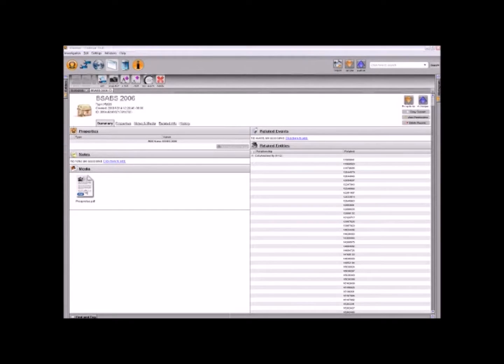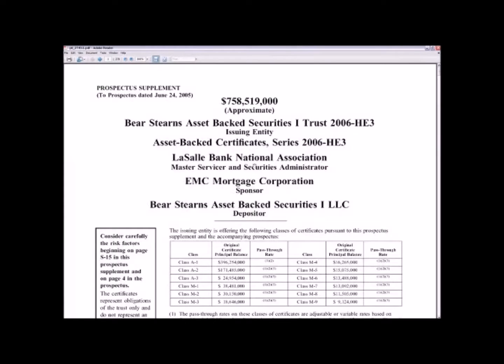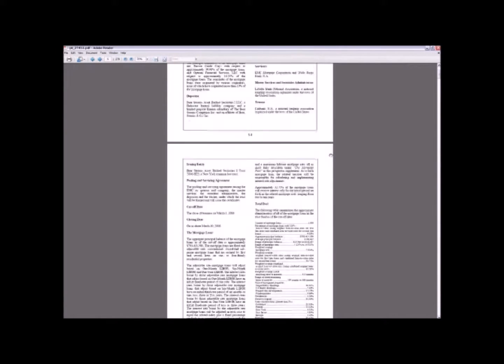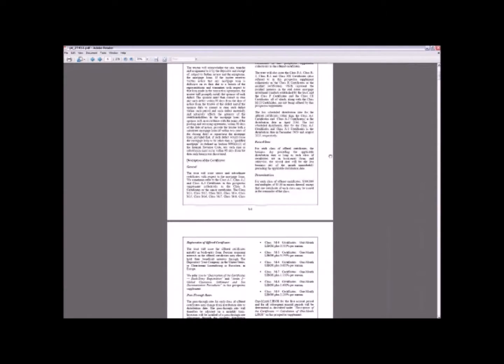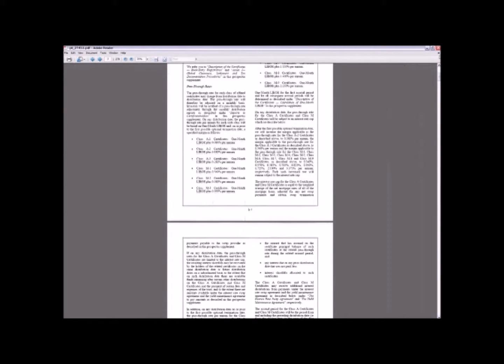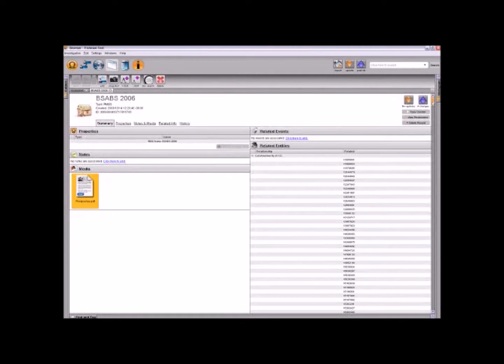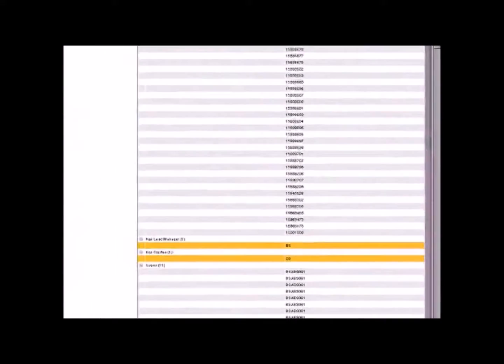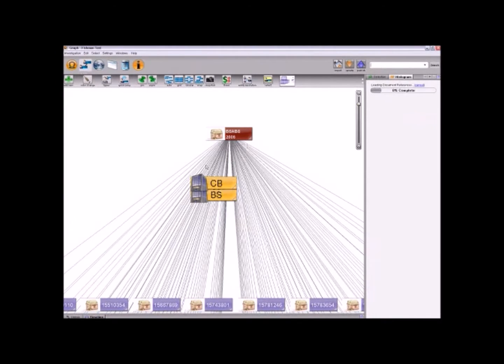From the dossier, I can quickly pull up the actual prospectus given to investors in this mortgage-backed security. I can also see all the other mortgages that collateralize it, as well as the lead manager and trustee.